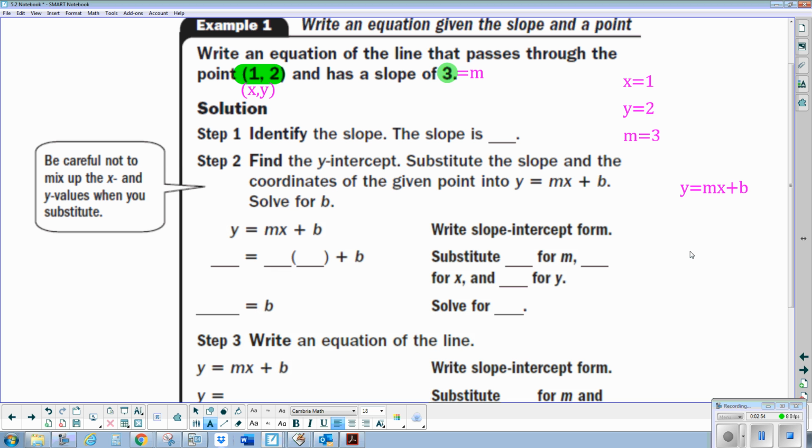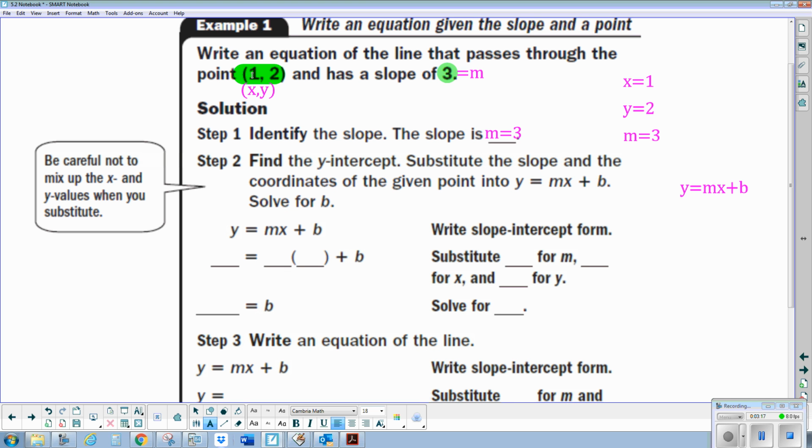That's our slope-intercept form. First we need to identify the slope. The slope is m, and m equals 3. The second step is to find the y-intercept. Now, we are not given the y-intercept. Previously, we were given a coordinate something like (0, 4), where when x was 0, y was 4, and that told us what the y-intercept was.